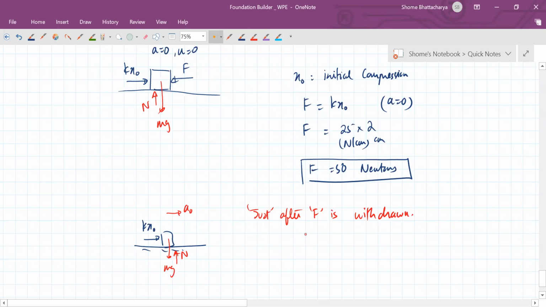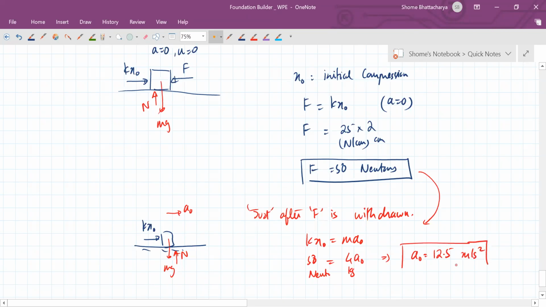Just at that moment, Kx naught becomes mass into acceleration. So from here you can see Kx naught is 50 newtons and mass is 4 kgs into a naught. So my acceleration becomes 12.5 meters per second square. It's a very large acceleration because the spring is pushing it very hard.